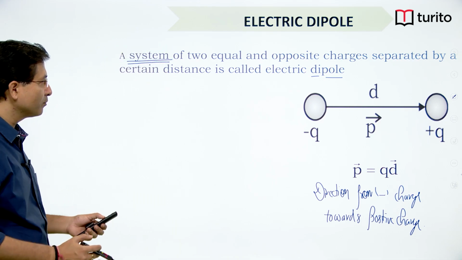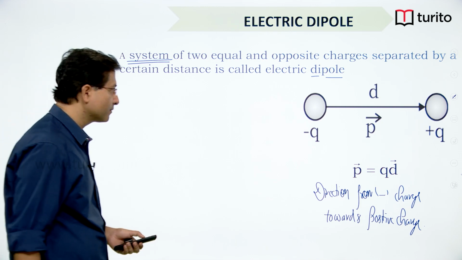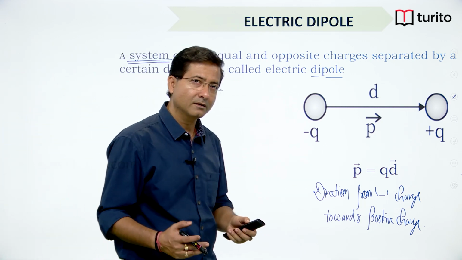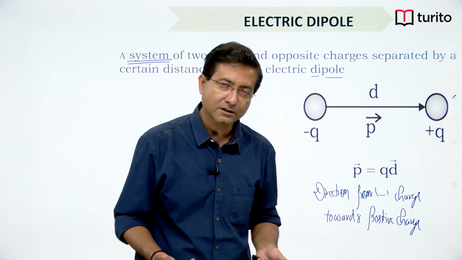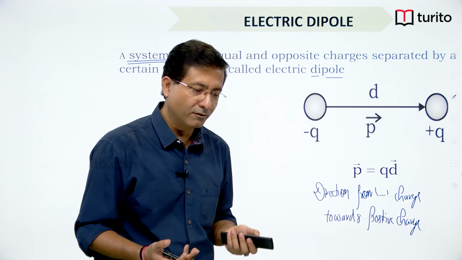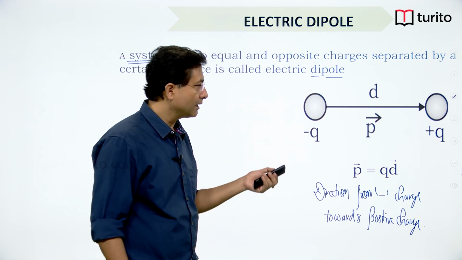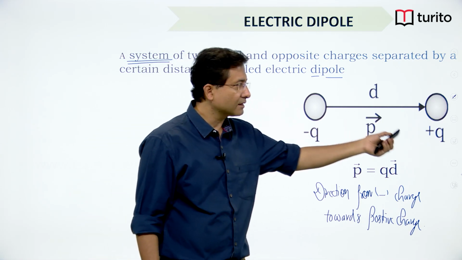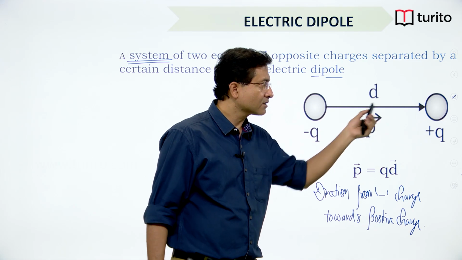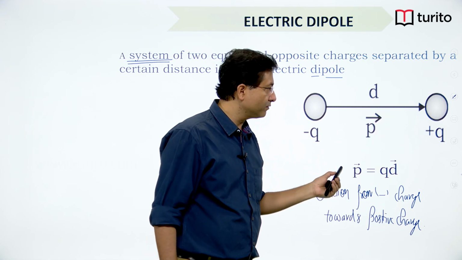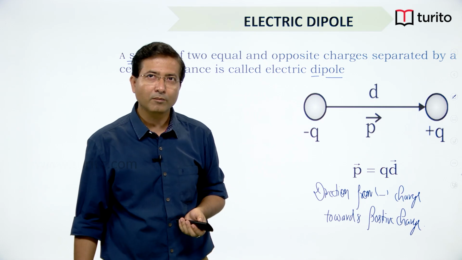I hope the basic definition of dipole moment is clear. A dipole is nothing but a system of charges where we have two charges, one positive, another negative, with the same magnitude, kept at a certain separation, and the direction of dipole moment is from negative to positive, right.